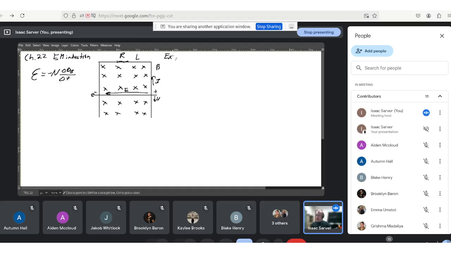So this is an extension to, or variation on, conceptual example 3.